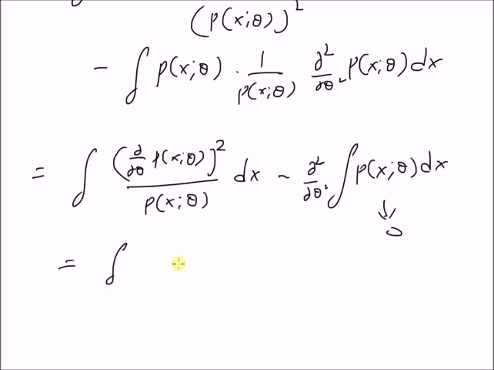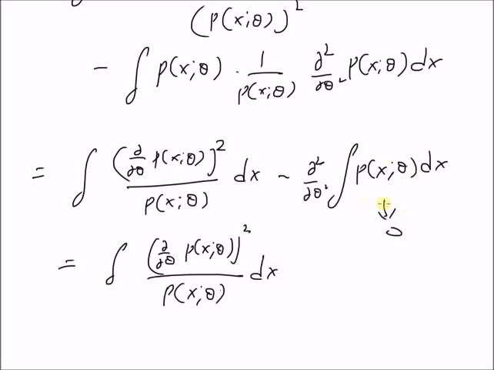So we are left with the integral of the square of the first derivative of the probability distribution with respect to theta, divided by the distribution of x, dx. The second term is gone. So this is equation 1.